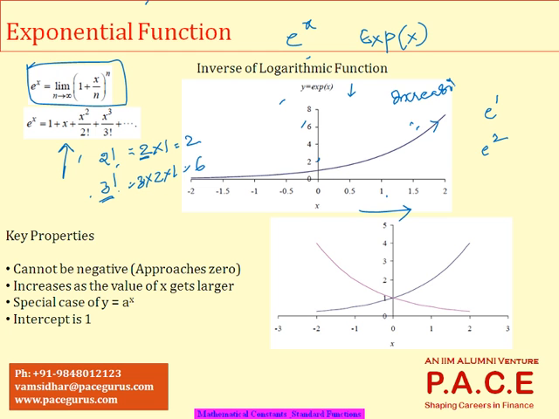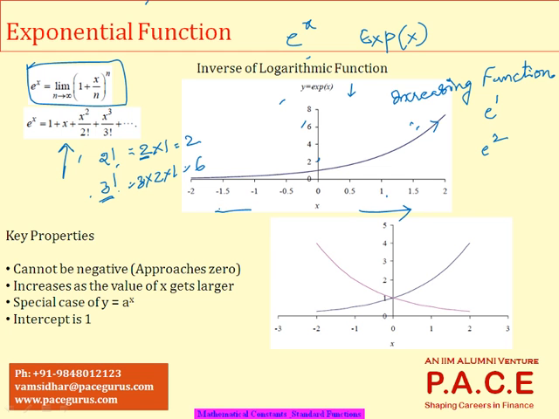When we use the word increasing function, as x is increasing, we see that the e to the power of x value keeps increasing. First aspect. Second, this value can never become negative.